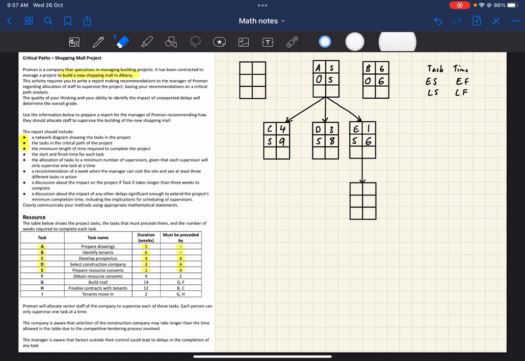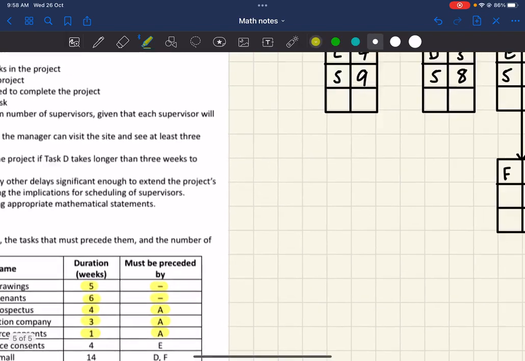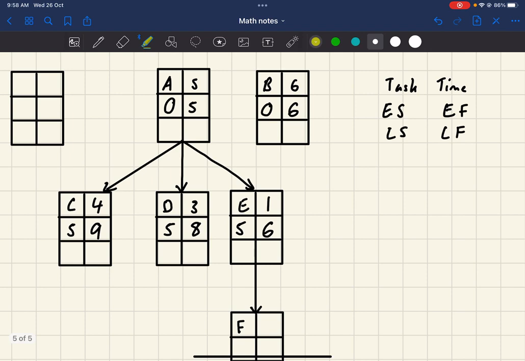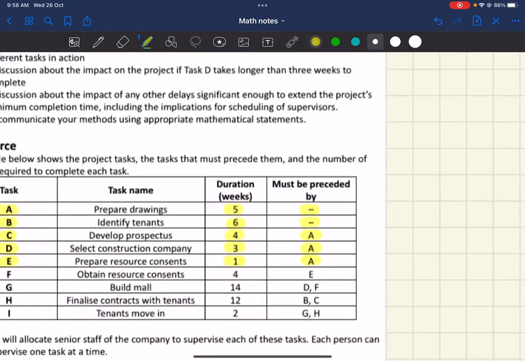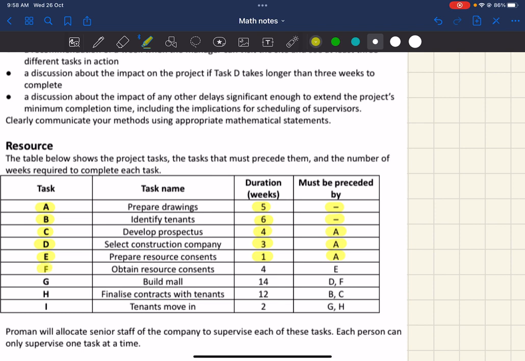F. Now, just to clarify, we're looking for everything that can happen after A, B, C, D, or E. Because F, which takes 4 weeks, comes after E, we can do that.